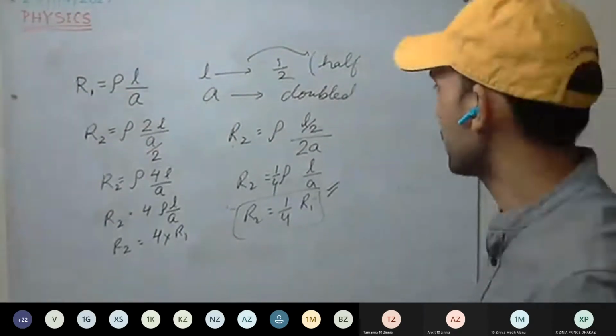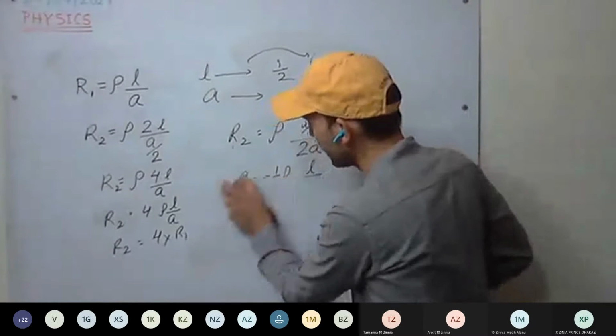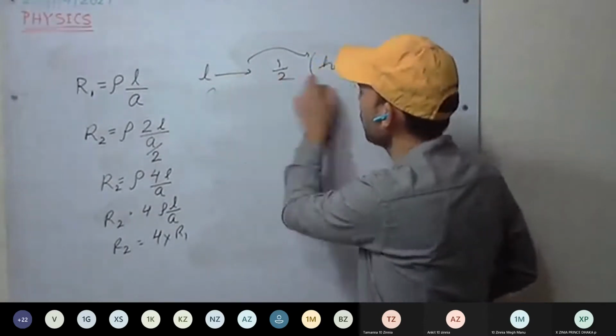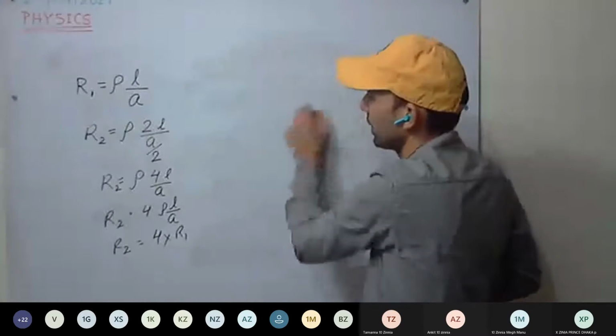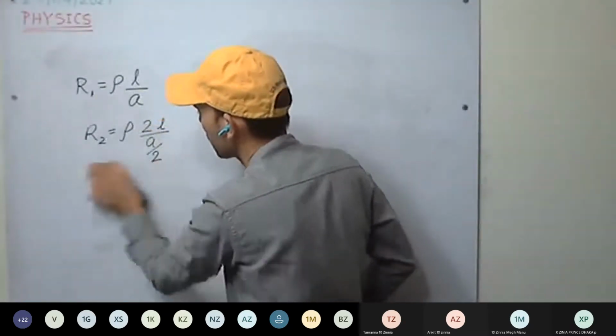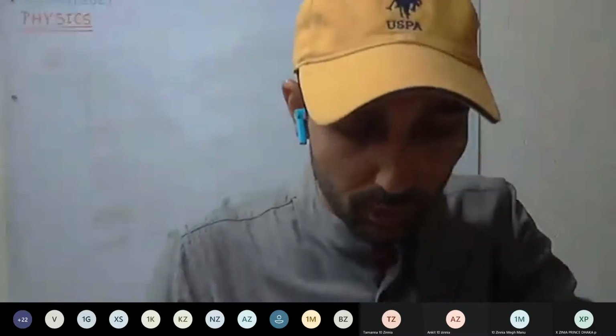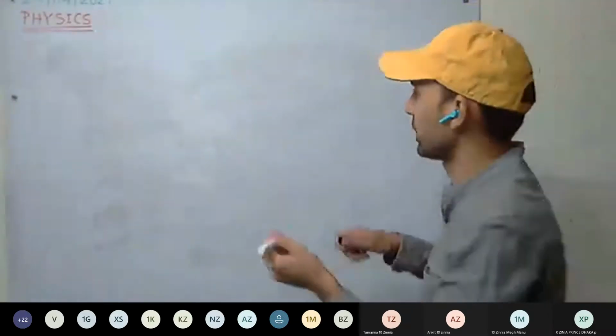Now we discuss conductivity. Like conductance was the reciprocal of resistance, conductivity is the reciprocal of resistivity. We denote it with sigma.